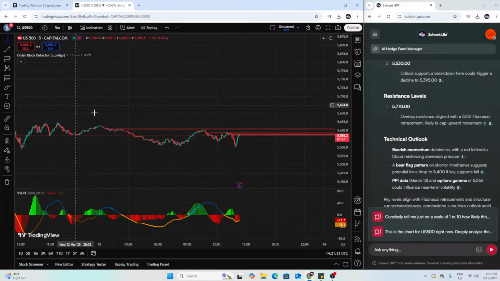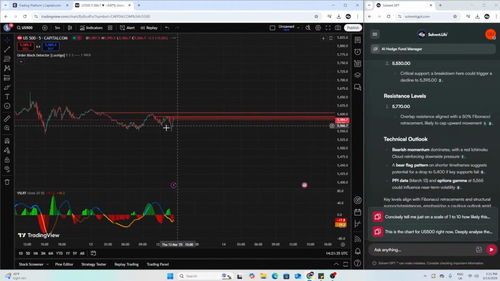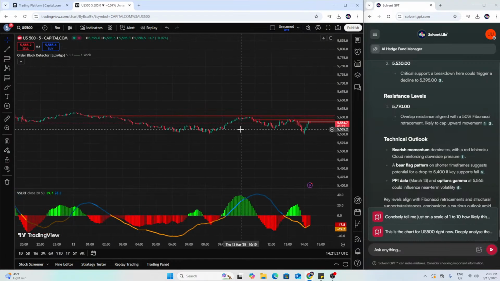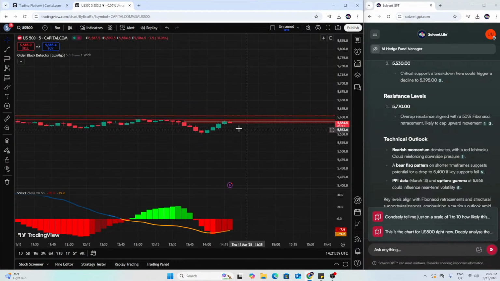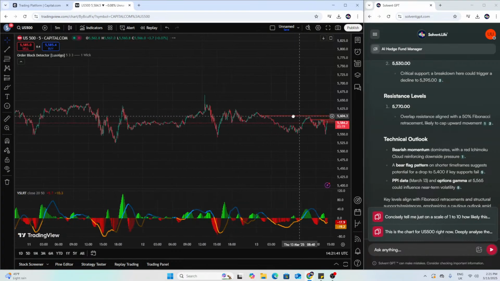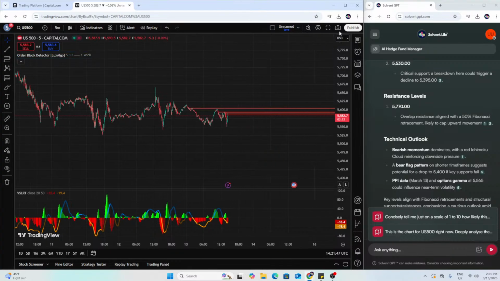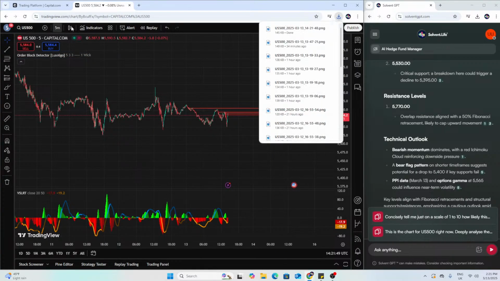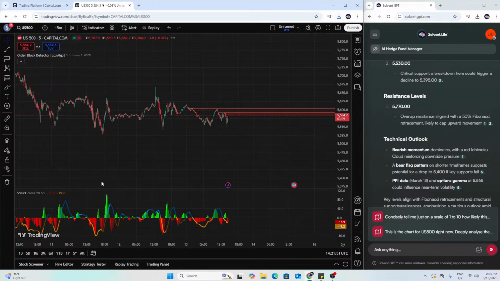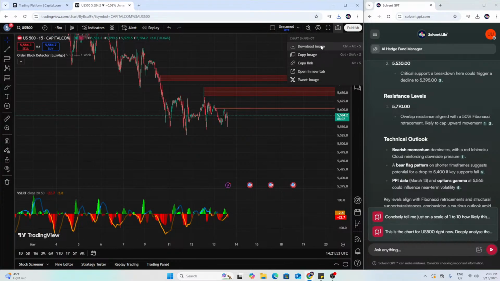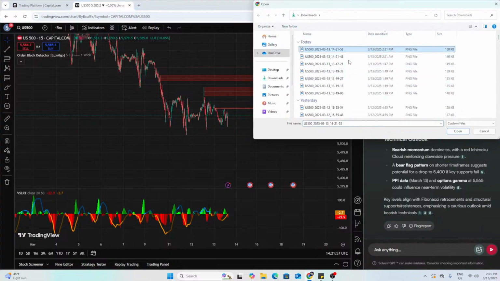Five-minute chart. Quite a lot of sell blocks here. Potentially think about taking a short. We're going to download two images, one of the 5-minute and one of the 15. We're going to attach both of these to our GPT.